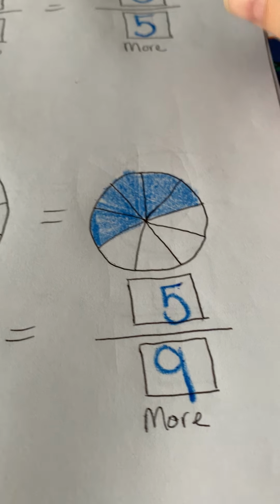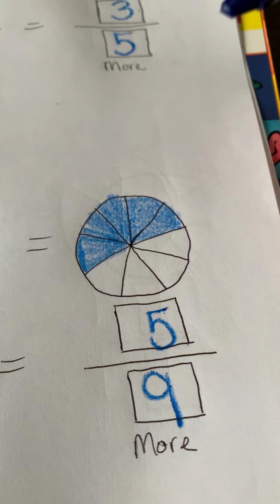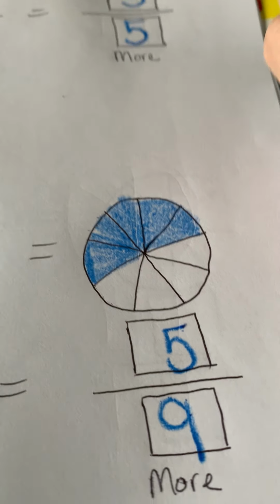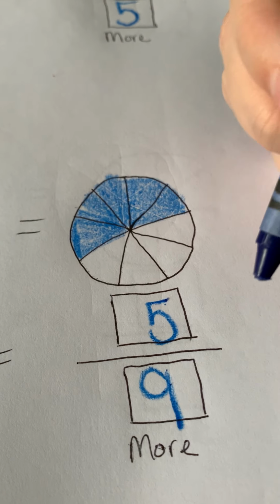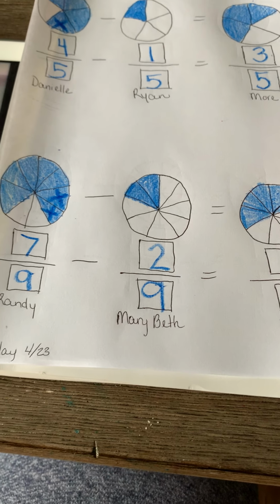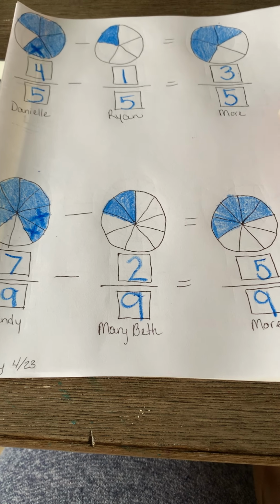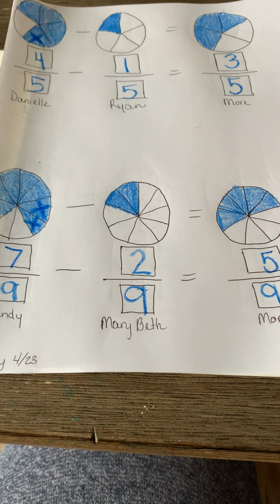Okay, so Randy puts 5 more deposit slips on the counter than Mary Beth does. And that's what our bottom problem should look like. Okay, and that's what our paper should look like when we get finished.